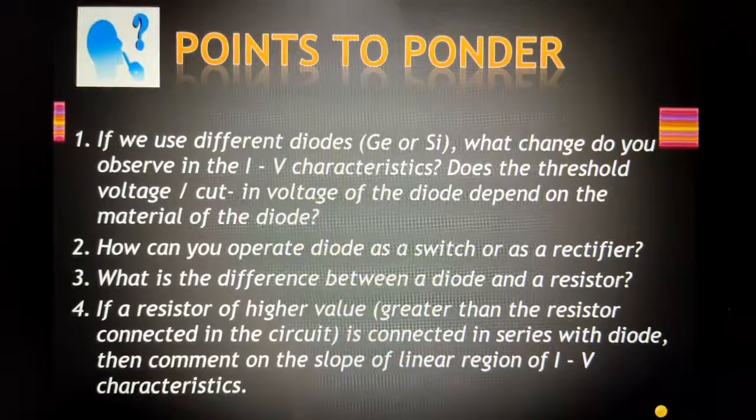What is the difference between a diode and a resistor? If a resistor of high value, greater than the resistance of the diode, is connected in series in the circuit, then comment on the slope of the linear region of the IV characteristics.